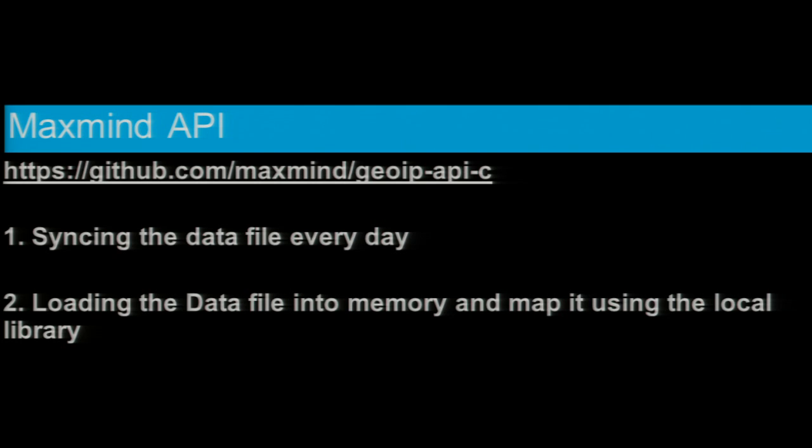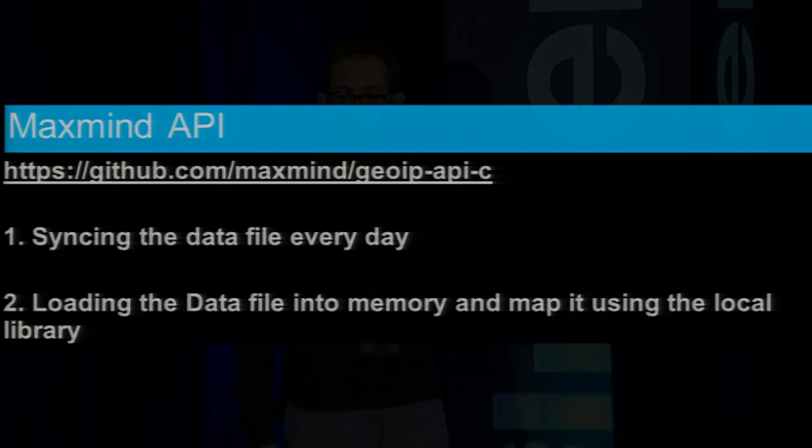Because we are doing the geolocation for every call and for every registration, we really need that performance. So what we are doing is syncing those data files on a daily basis to our proxies, and then we load them in memory, and we are doing the API calls within the proxy itself. By mapping those data files into memory, we can have really, really fast transactions.